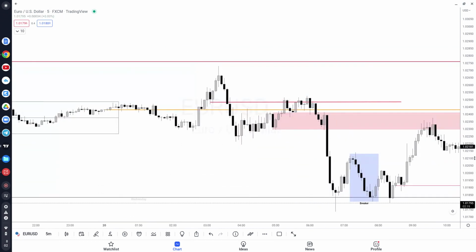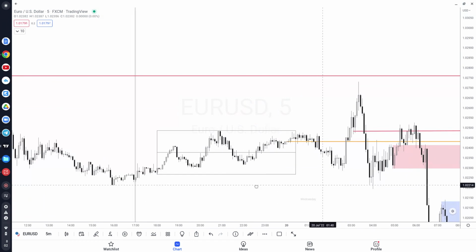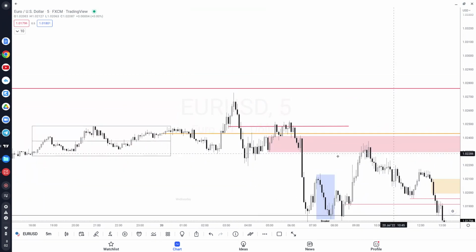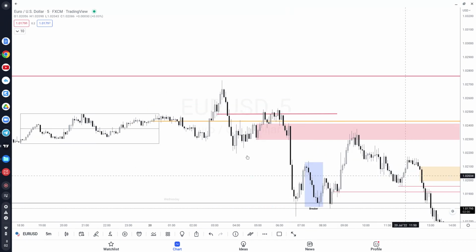So one thing I do want to talk about is order blocks. In the smart money world, we have all been bamboozled into thinking that the definition of an order block is simply the last up close candle before a down move. And that is incorrect.